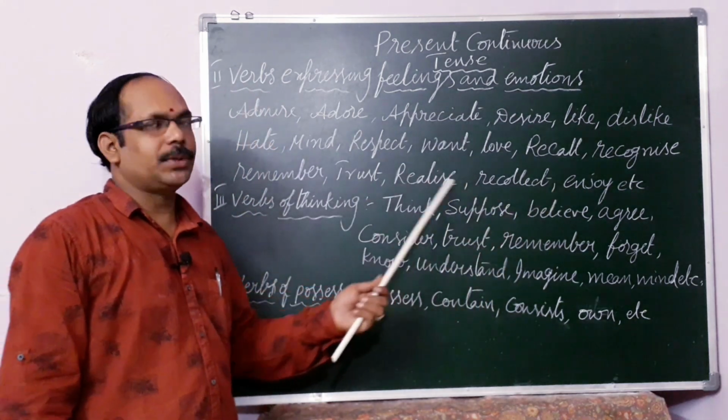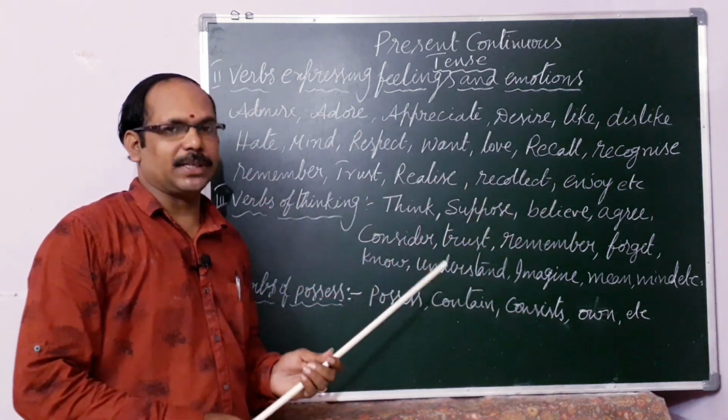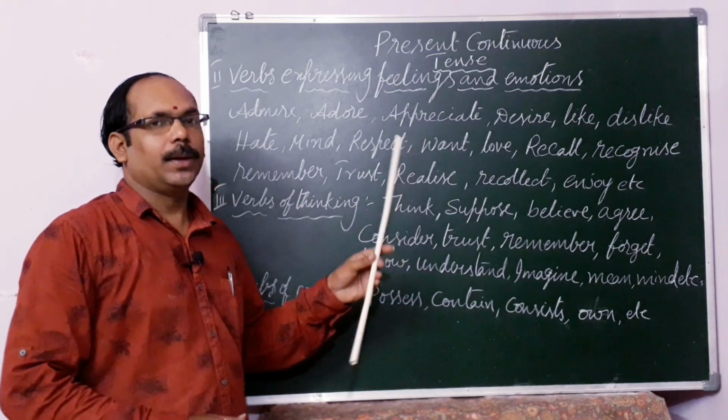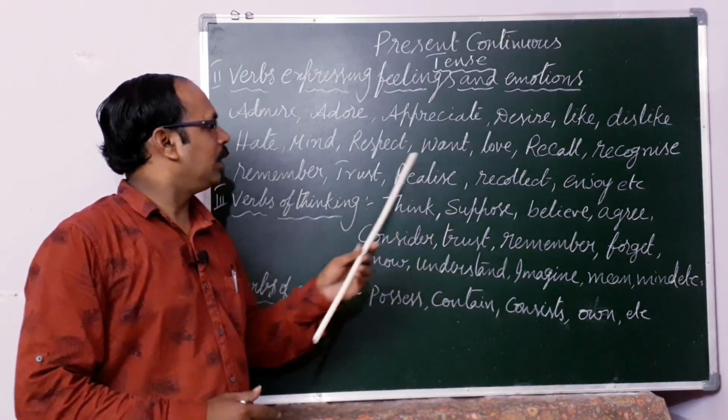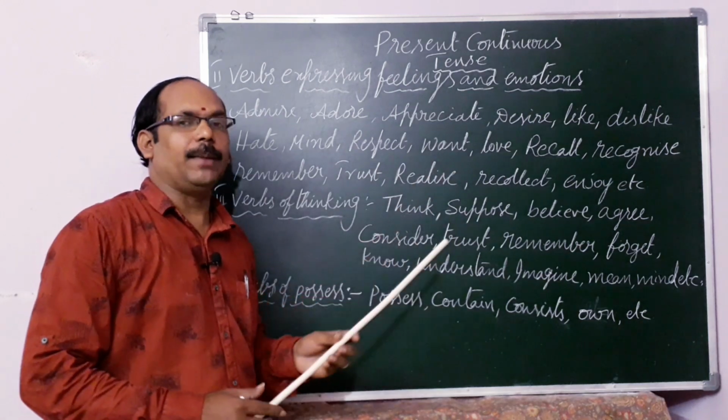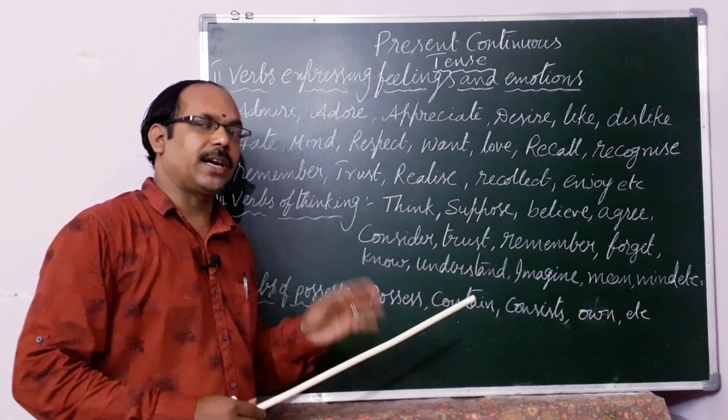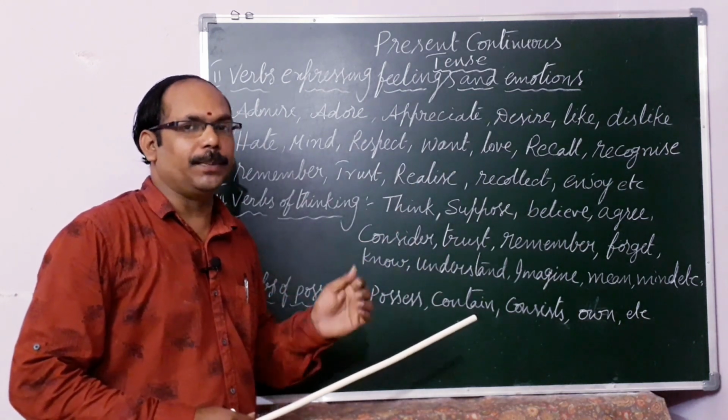All these verbs should not be used in present continuous tense with their primary meaning. We can use want, love, and some verbs with secondary meaning for secondary purposes.